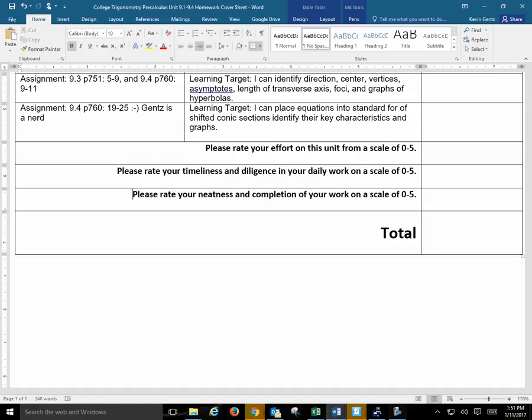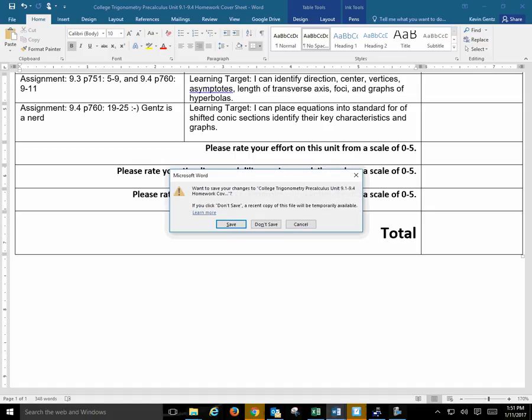I honestly don't remember what the assignment was, so maybe it was just 19 through 25. No, I'm guessing it wasn't saved, so I'm just going to cancel out of it.